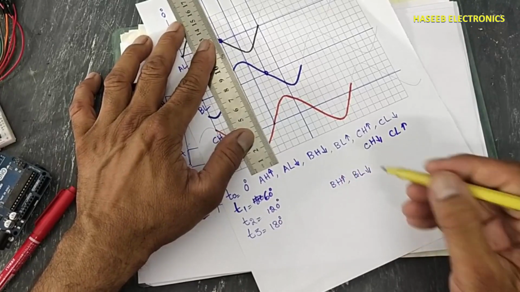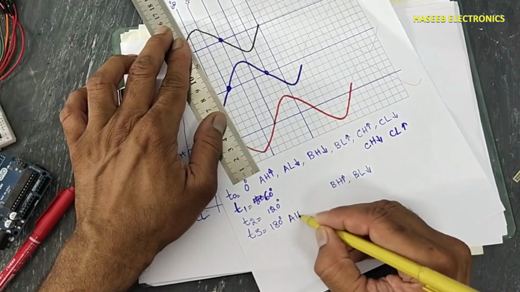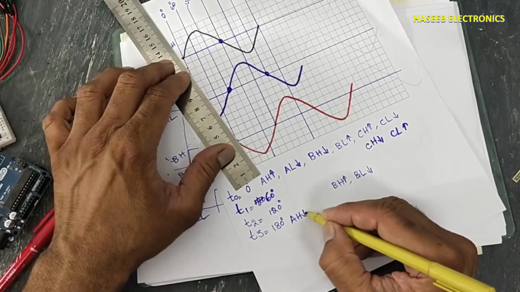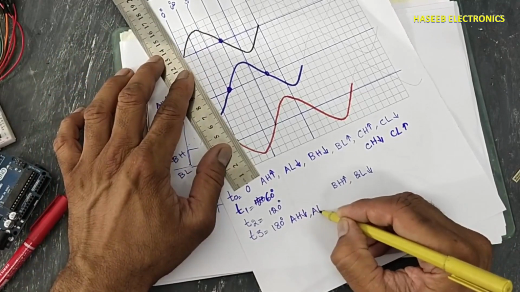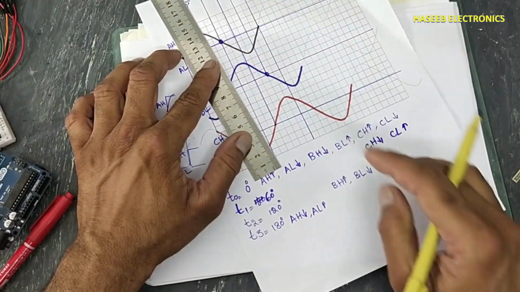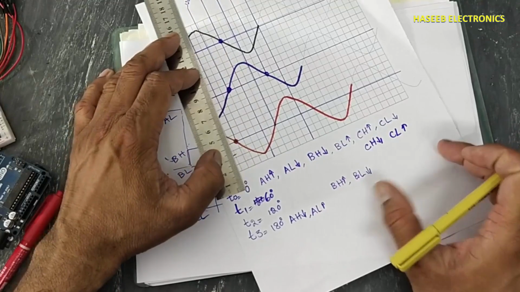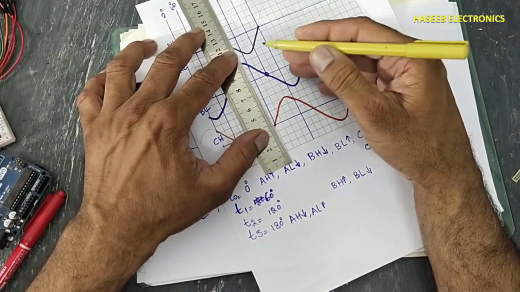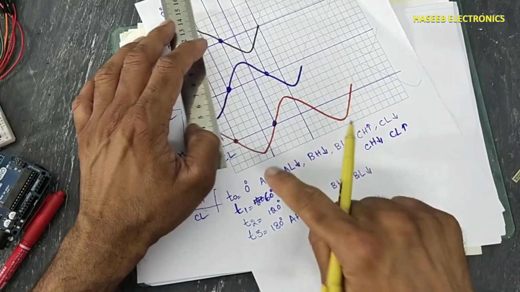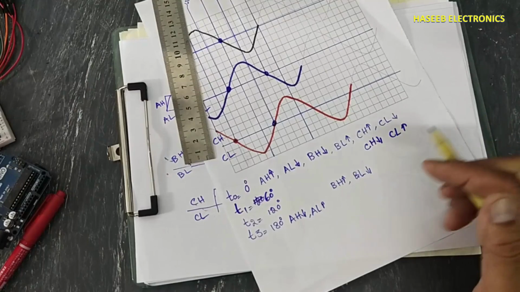At 180 degree, A high, it was high, now this signal will come low and A low will become high. Other signals will remain same. Then at 240 degree, that is this condition, our C low, that was high, now it will become low.